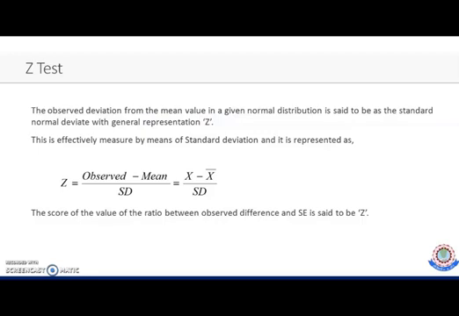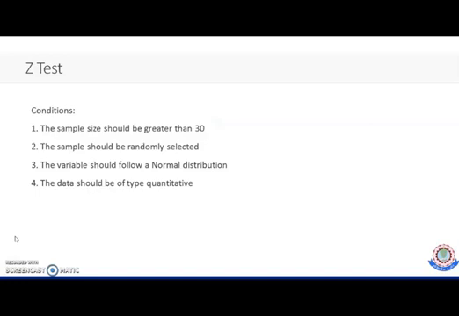So the score value of the ratio between the observed difference and the SE value is called the Z value. The following are the conditions that have to be adhered to while doing Z-test.